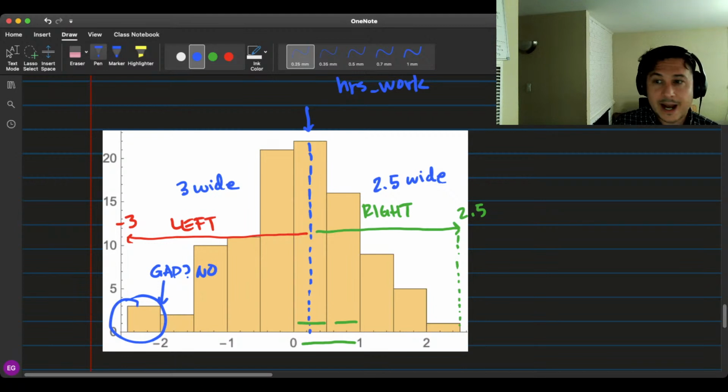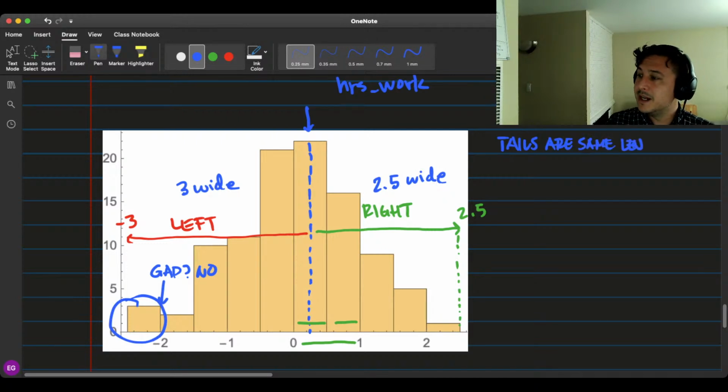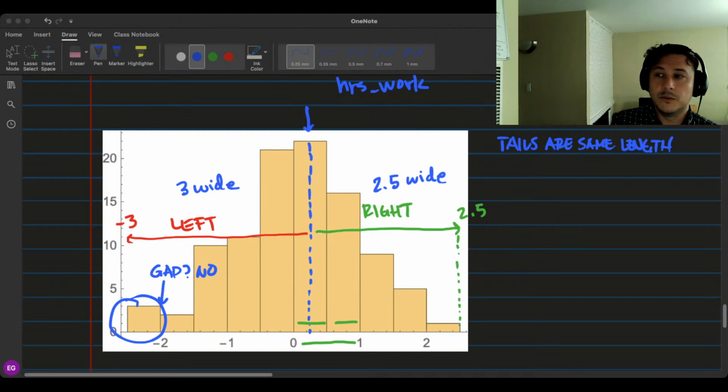Because that's not an outlier and 3 and 2.5 are pretty close to each other, I would say that the tails are the same length. They aren't literally the same length, but does it make sense that they're close enough to each other? And since there's no outlier, I can't say that one is noticeably or appreciably longer than the other. So as far as I'm concerned, they're the same length.